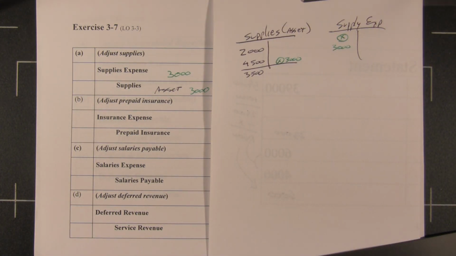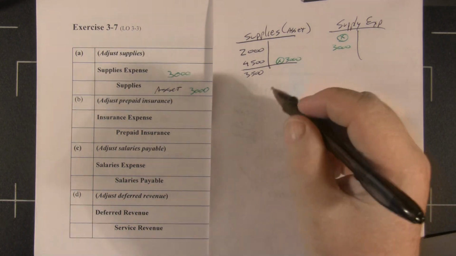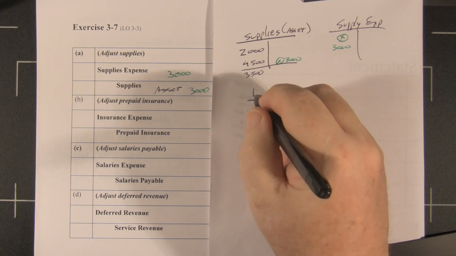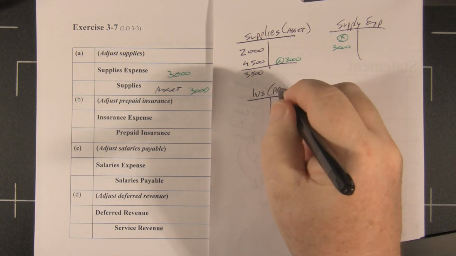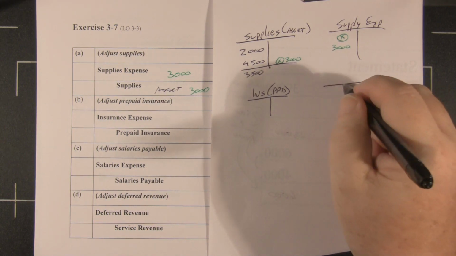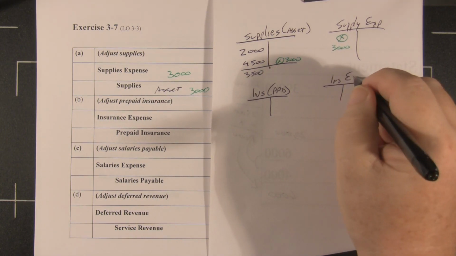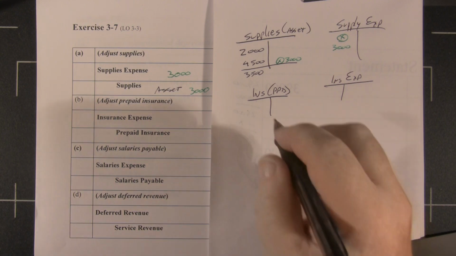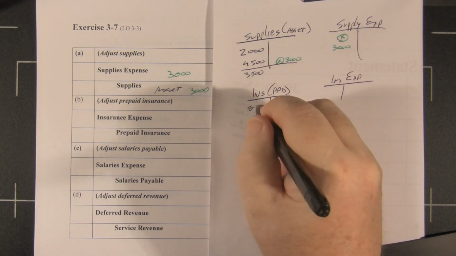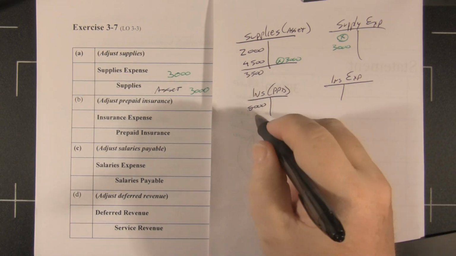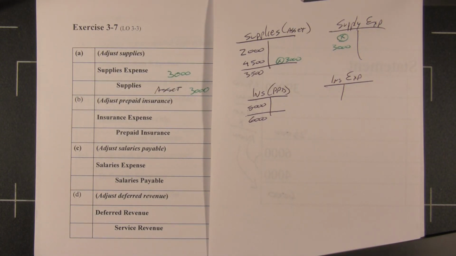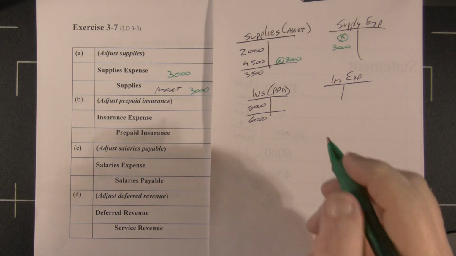Next one's very similar. It's insurance expense and prepaid insurance. So let's get our little picture up here. We have insurance prepaid, the asset, and we have insurance expense. And it tells us that at the end of November, November 30 or December 1, we had $8,000 in prepaid insurance, and at the end of the month we had $6,000 in prepaid insurance, and we made no insurance payments.